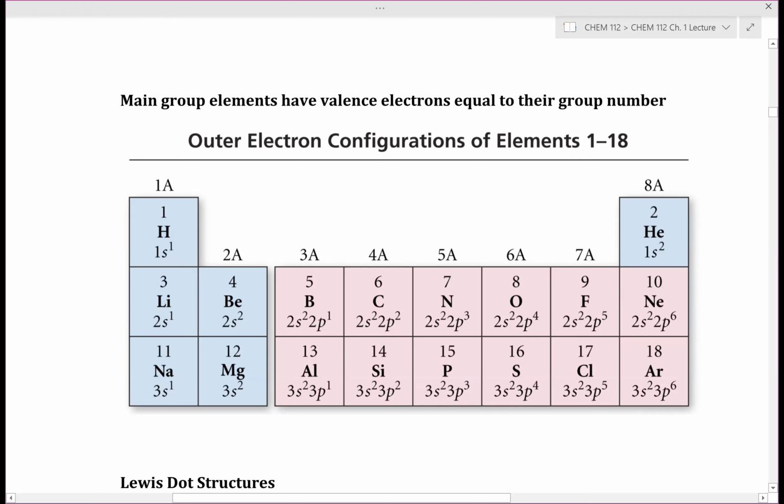We go from 1s1 to 2s1 to 3s1. In group 1A, do we always have one valence electron? Yes. And the configuration is always the same. The only thing that changes is n, or orbital size.